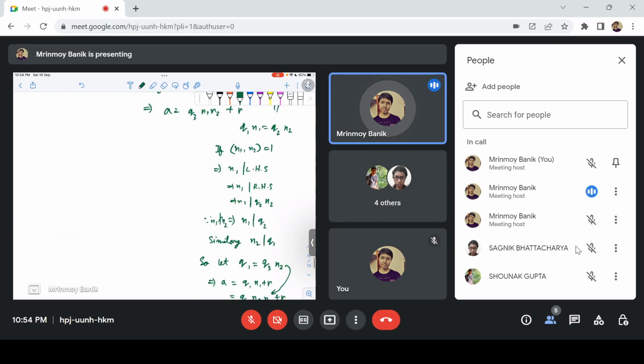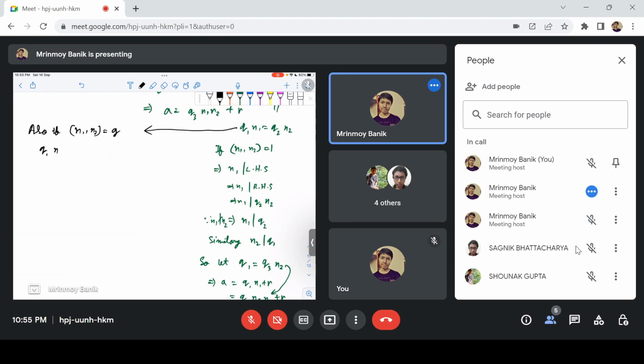Now, what would have happened if N1 and N2 had a GCD of, say, G? Then we have to first divide the GCD on both sides.